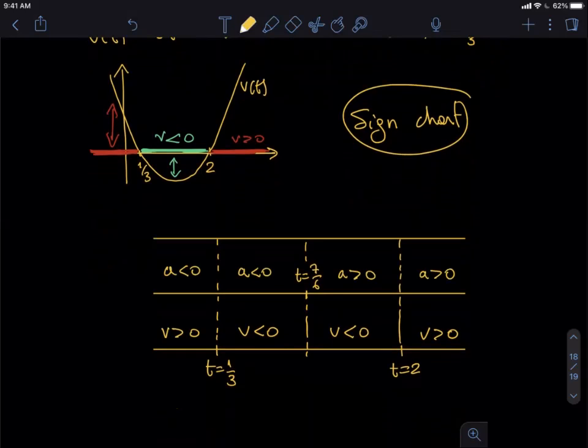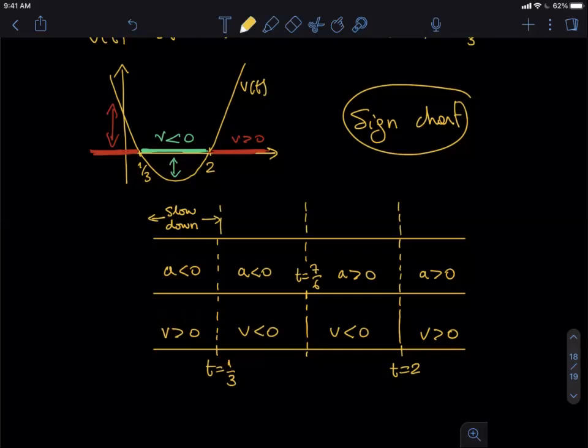So now, with this information, we just need to check. For example, before t equal 1/3, they have different signs. a is negative, v is positive. So that means it's slowing down. Now, a is negative and v is negative between 1/3 and 7/6.